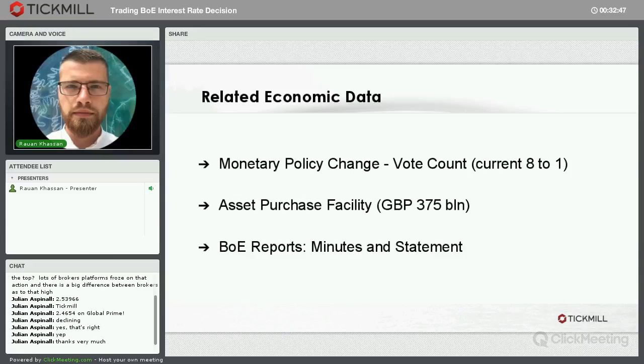There are the Bank of England minutes and the Bank of England statement, where you can see changes in the text of the statement. It will probably give you a glimpse and overview of the upcoming changes.